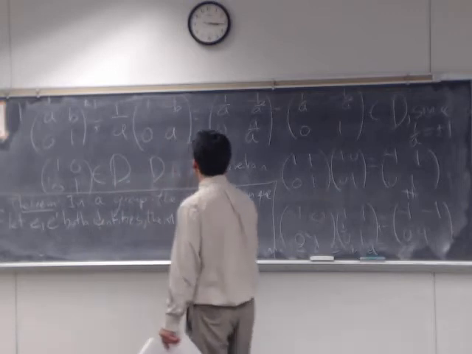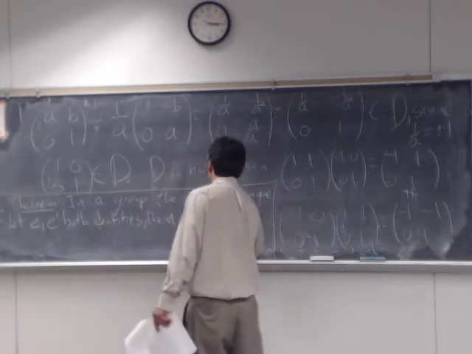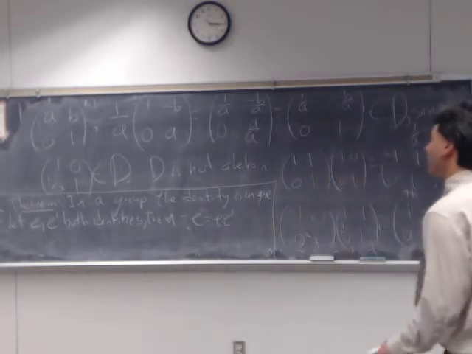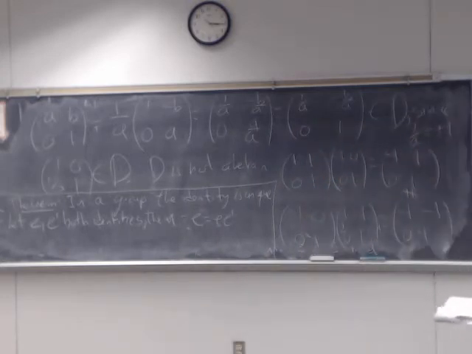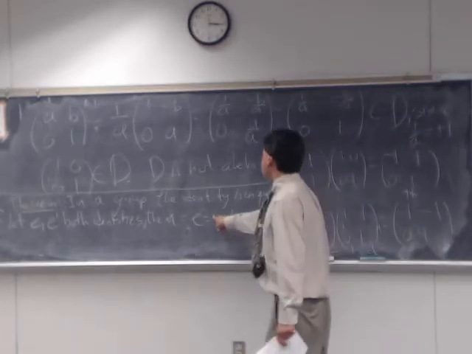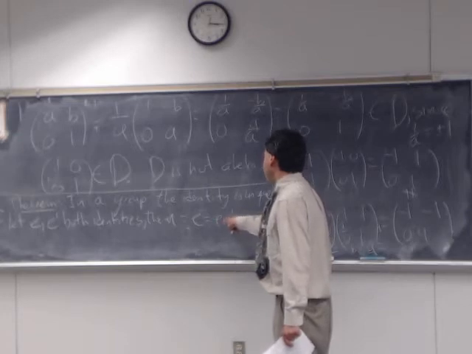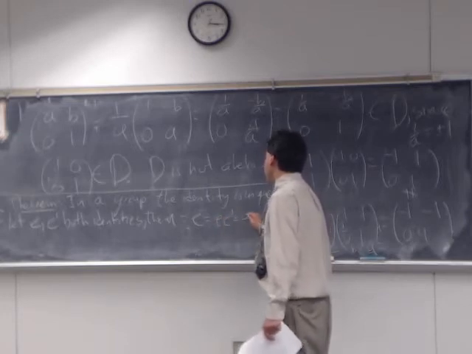Then E is equal to E times E prime, because we can multiply E on the right by that identity E prime. But E is a left identity. We can multiply E prime on the left by E, and that would keep it at E prime.